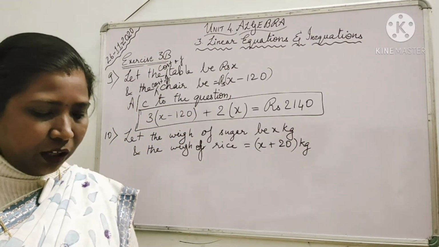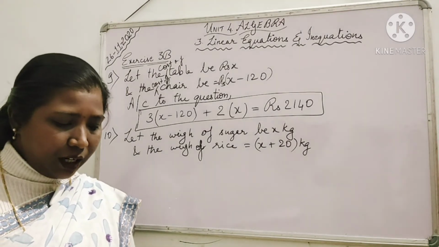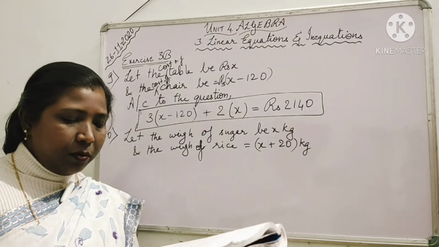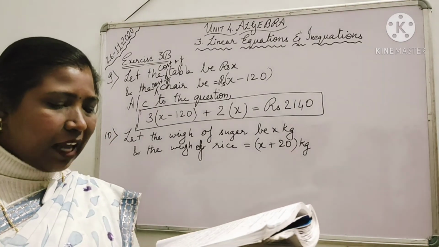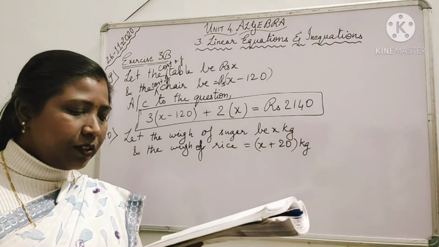Then what we have: if 50 kilos of sugar is added to the second bag, its weight becomes twice that of the bag of rice. Now see, 50 kilos is added to the second bag.